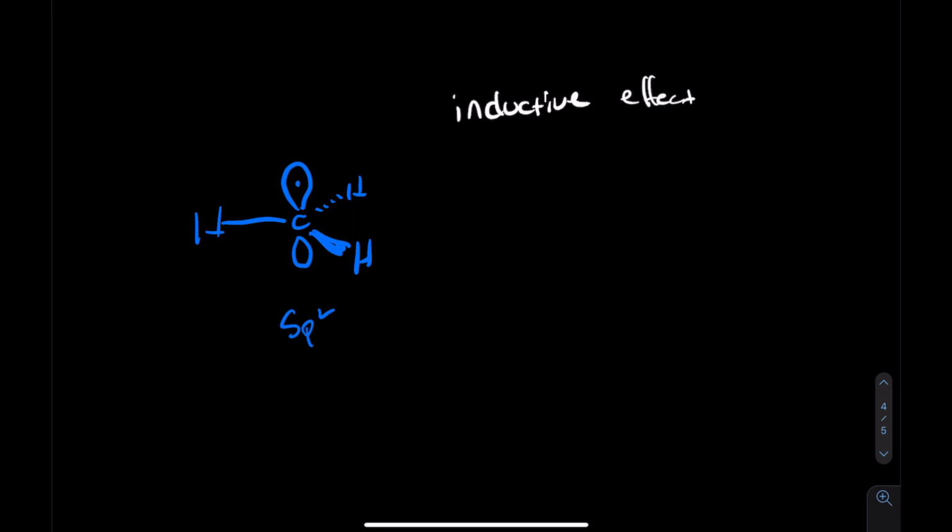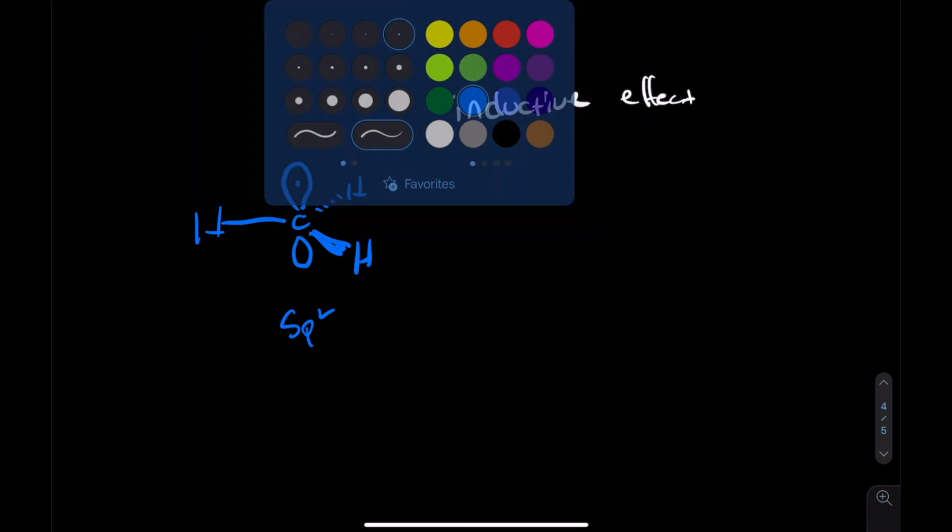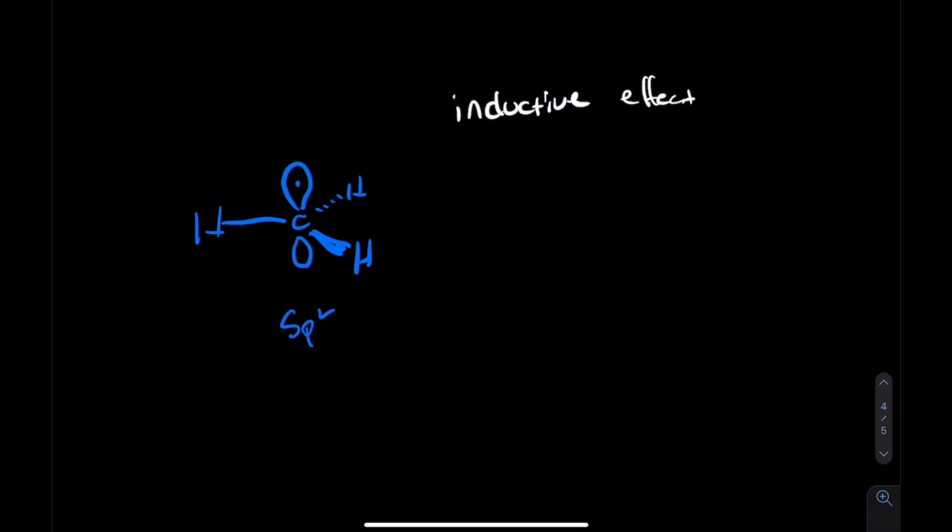The same way we induce dipoles, if we have something that can donate electrons into that orbital, that will stabilize it. And so it turns out that if we just replace that H right here with a CH3, we will stabilize that radical. That radical will actually become much more stable.